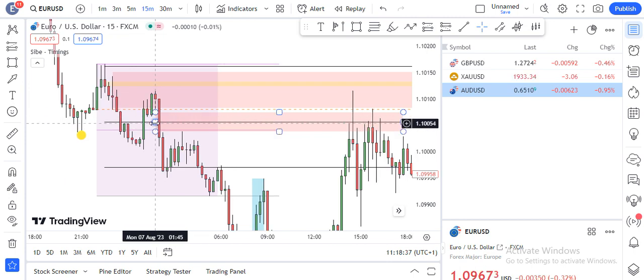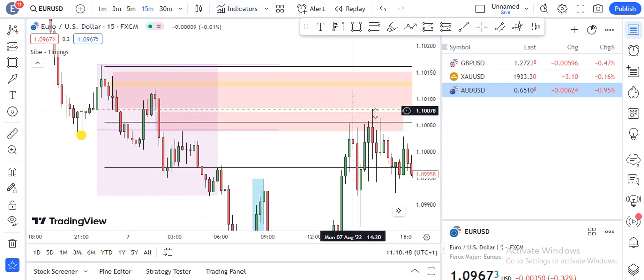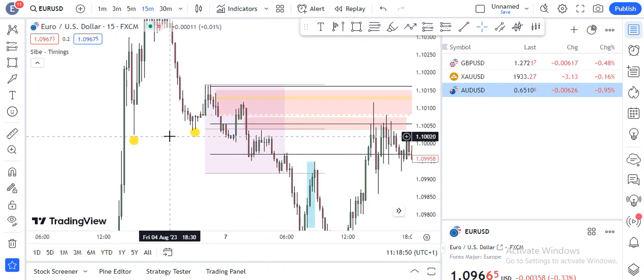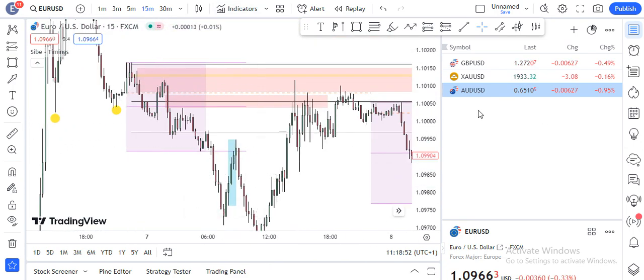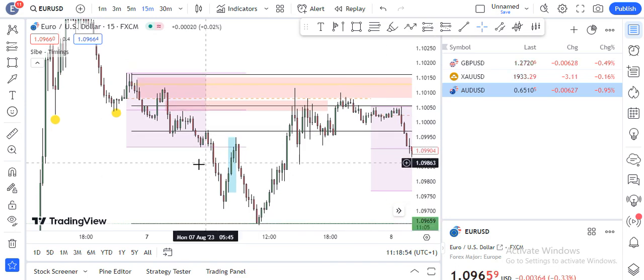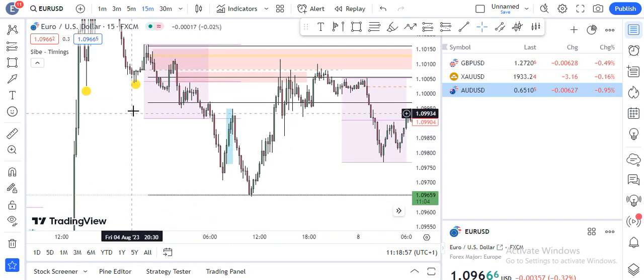Okay, so on the 15-minute, these are the three order blocks that we were looking for, and luckily for us, we found all three. So the next thing is to wait for price to be in a premium or a discounted area. So now we're looking for sales, so obviously we're anticipating price to be in a discounted area.